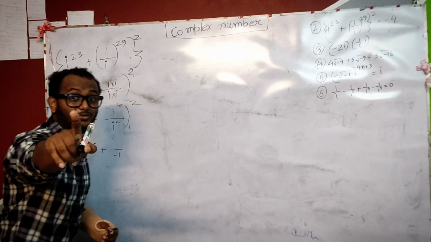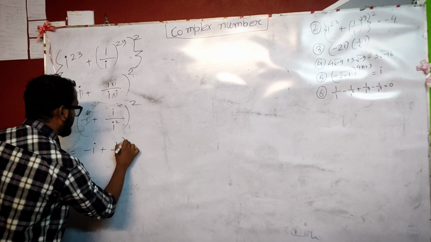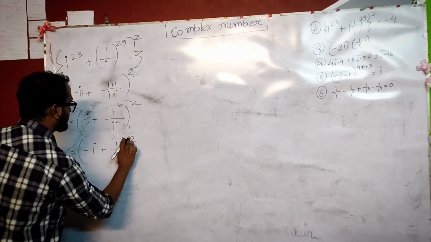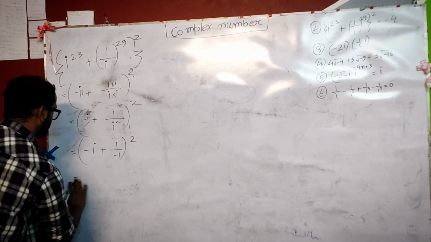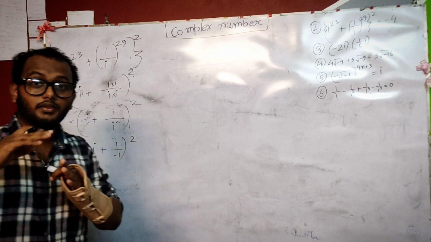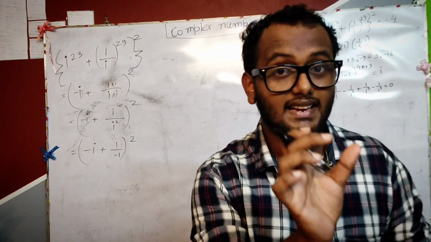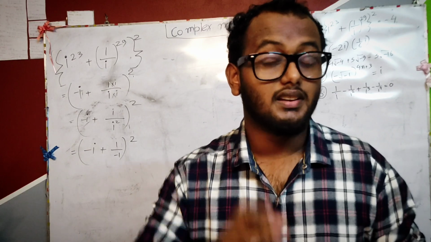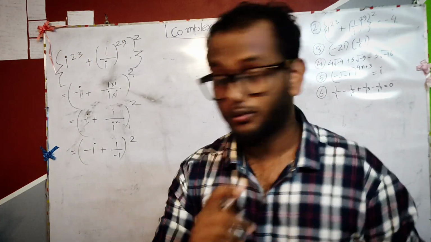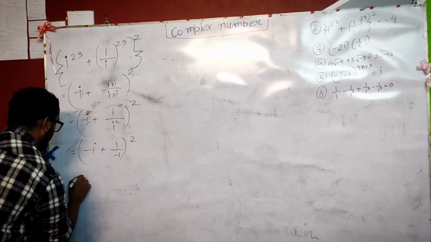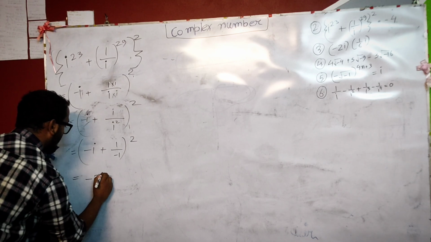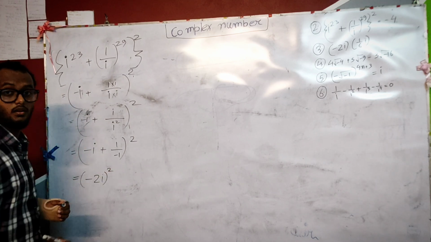Minus 1. Now if you multiply minus with plus, it will be minus. Minus 2i, that is minus 2i whole squared. Understood? That means minus 2i whole squared.